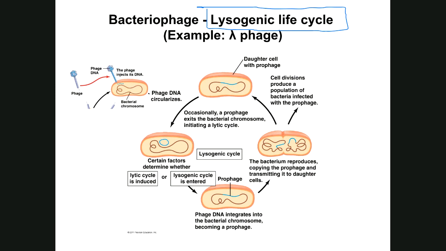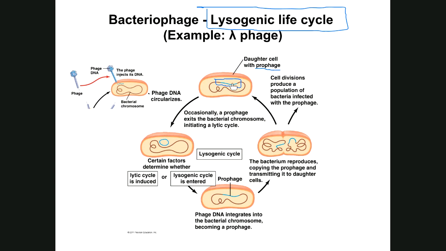You can see here, they're showing you. Once that viral DNA is inserted into the bacterial DNA, notice here how it's inserted, now it's part of that circular bacterial DNA. We refer to that viral DNA as prophage DNA.